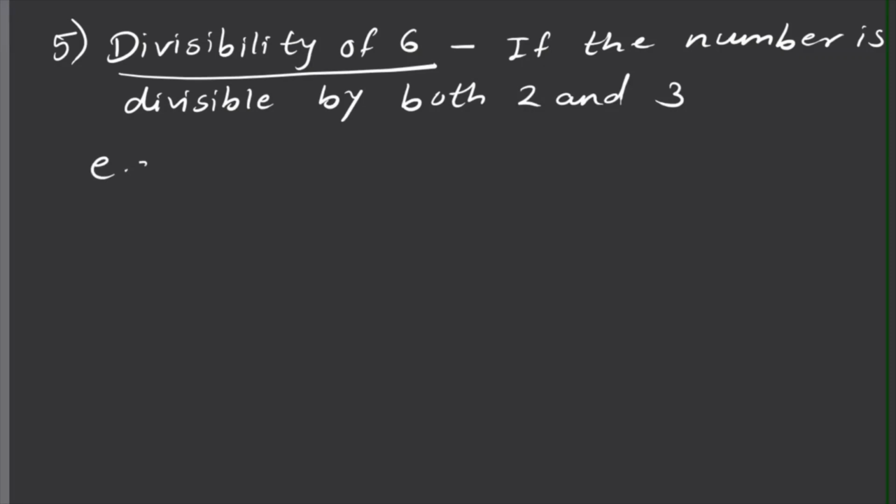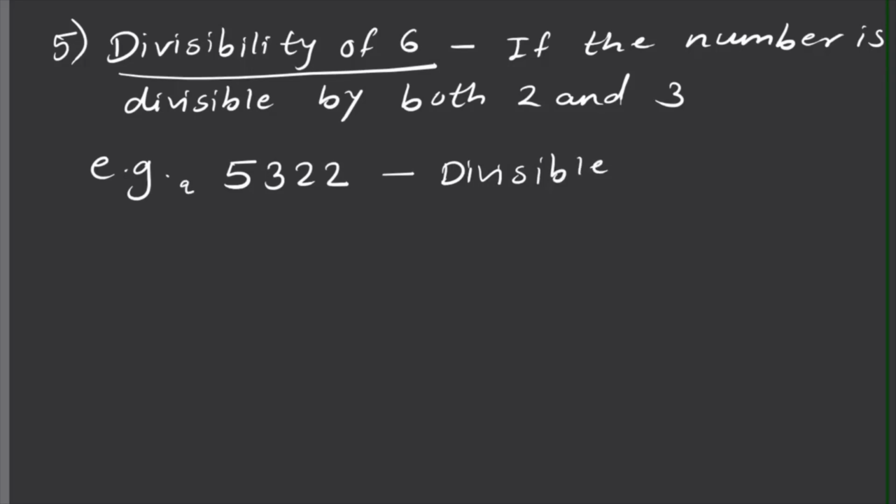Let's see the example. 5,322. In this example, the last digit is 2, which is an even number, so it is divisible by 2. And if we see, the sum of all the digits: 5 plus 3 is 8, plus 2 is 10, plus 2 is 12. So 12 is divisible by 3. That's why this number is divisible by 6.